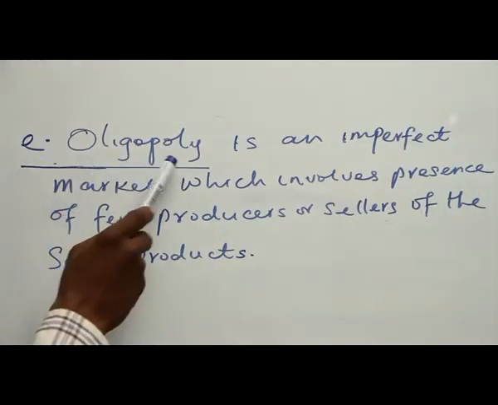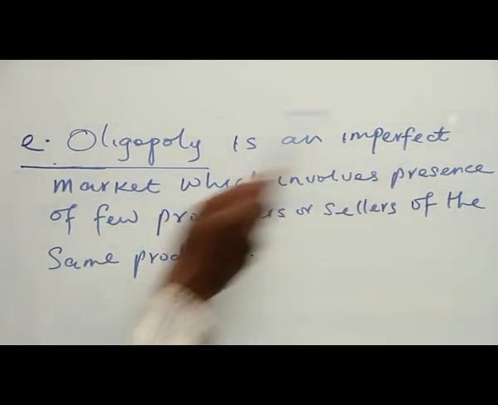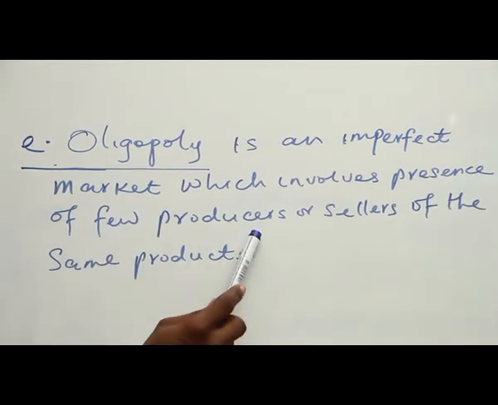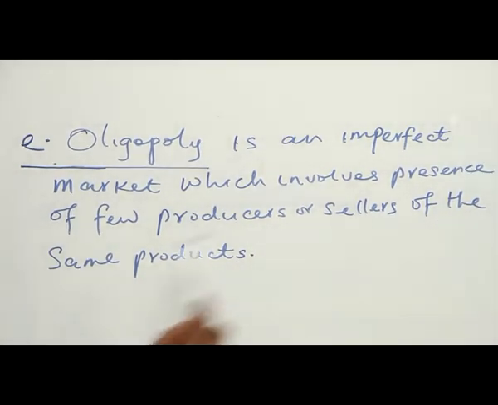E. Oligopoly is an imperfect market which involves the presence of few producers or sellers of the same products. In this market, we have producers or sellers, but they are not large in number. They are few in terms of producers or sellers selling the same product.